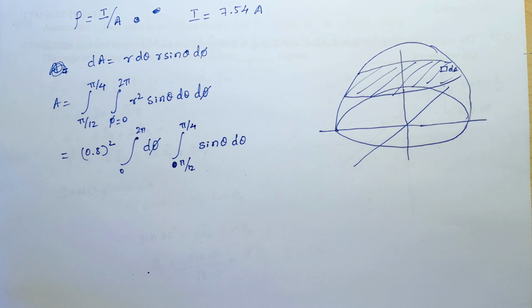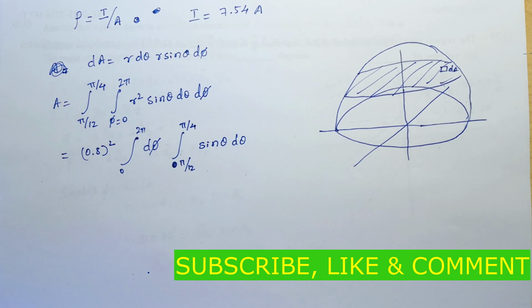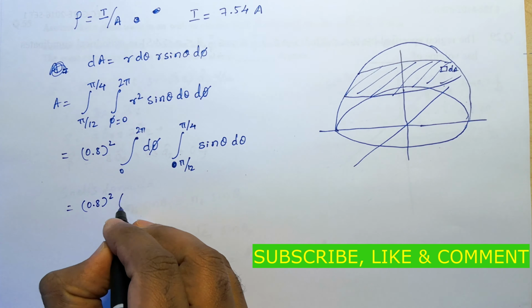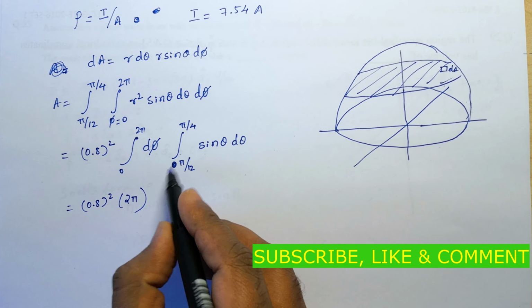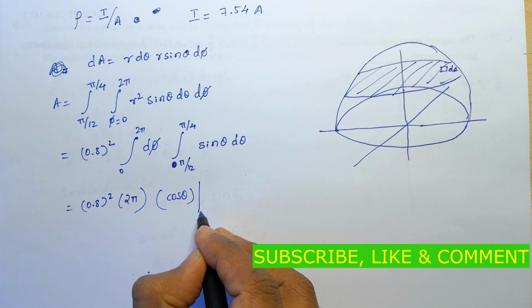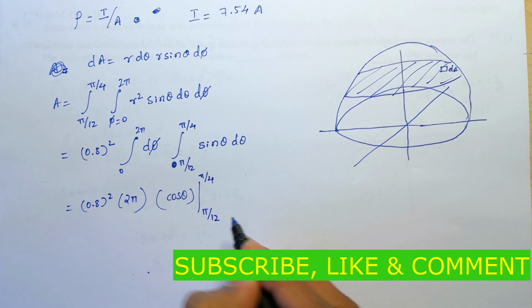So let's go ahead and solve this part also. What we have here is 0.8 square into 2 pi, and we have cos of theta varying from pi by 4 to pi by 12.